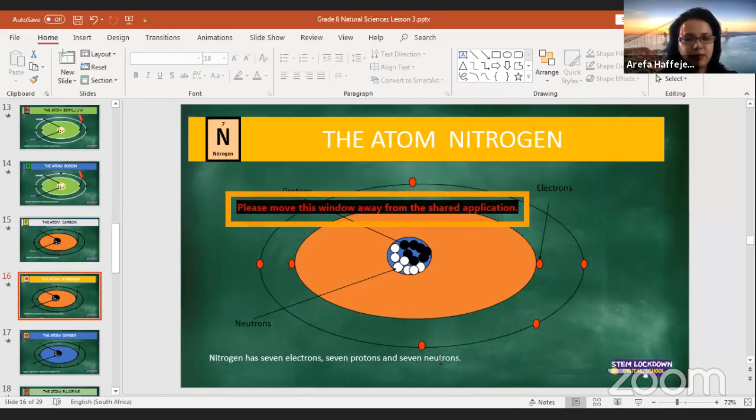If you look here at the bottom of each slide, nitrogen has 7 electrons, 7 protons, and 7 neutrons. You get your answer from there.